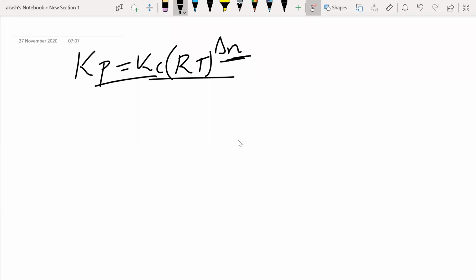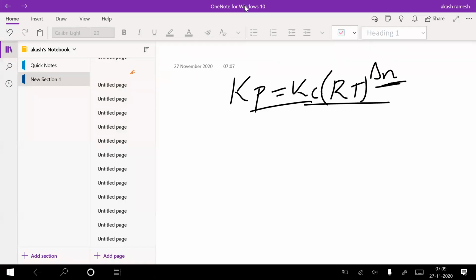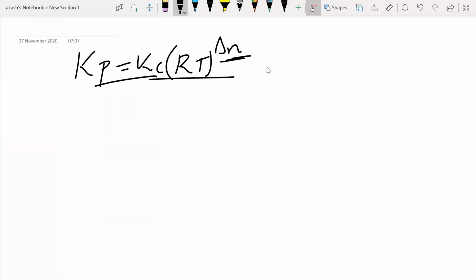Now let me ask someone. Shruti, are you there? Yes, sir. Kana, can you tell me any one? I basically have three operations which I can do on the equilibrium constant.